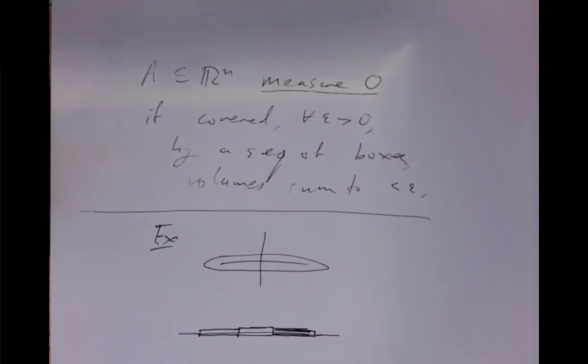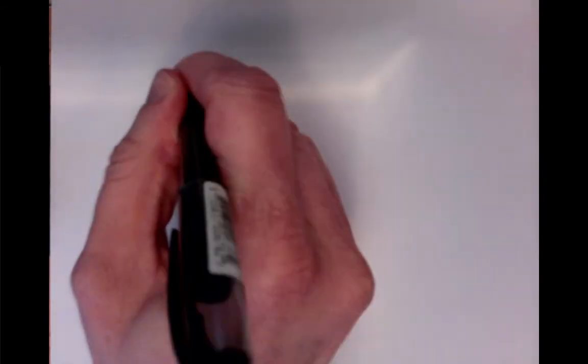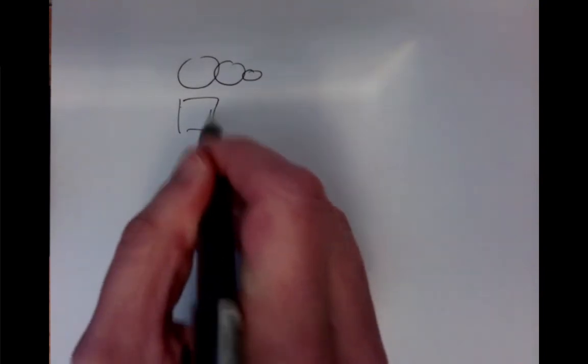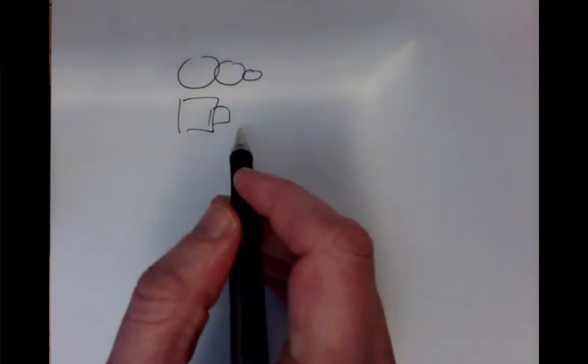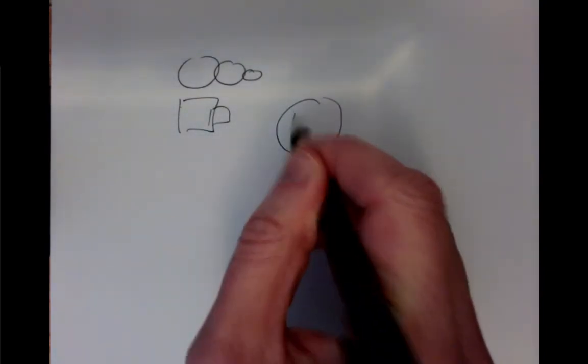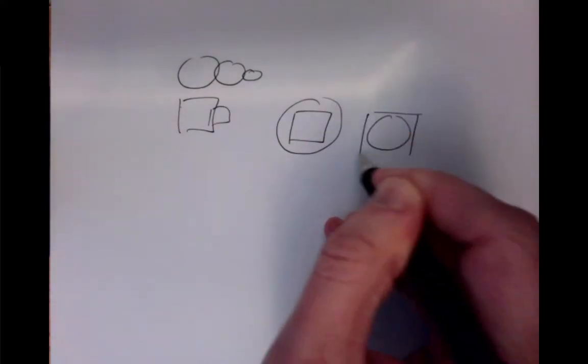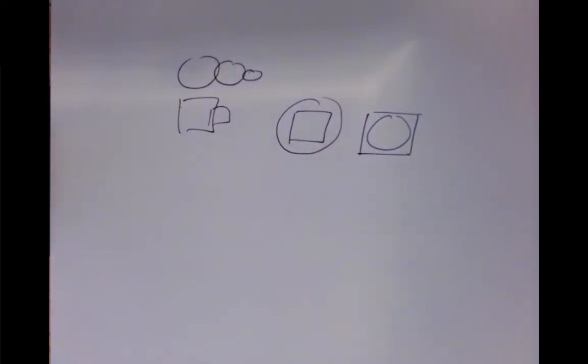It's not difficult to show that instead of using boxes in the definition, we could have covered by small balls instead of by small boxes. The rough idea being that every box lies in a ball and every ball lies in a box, and they aren't really all that different in volume.